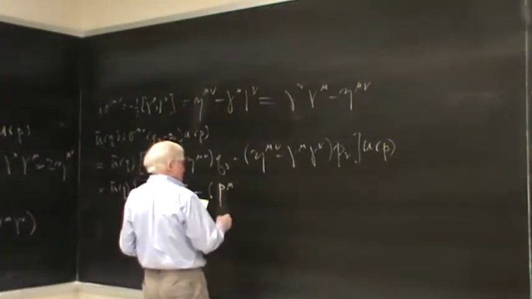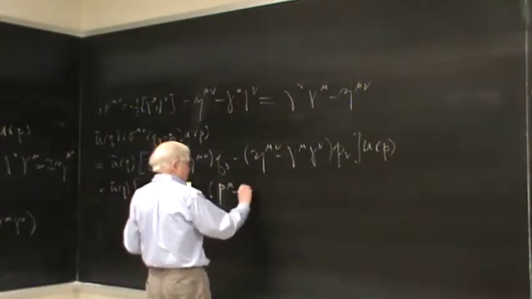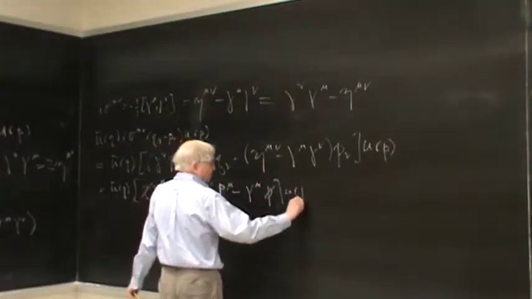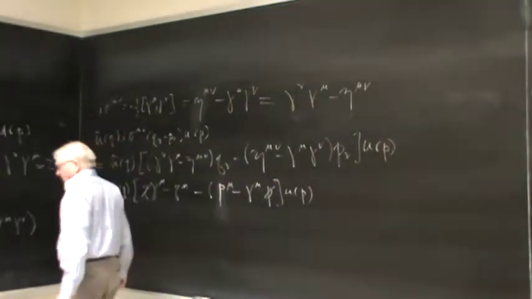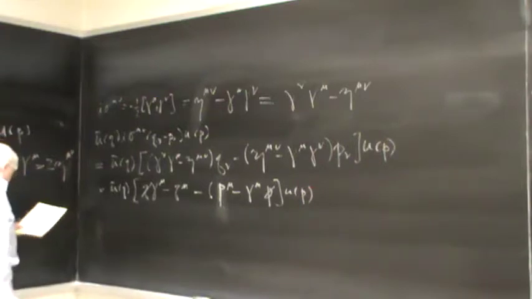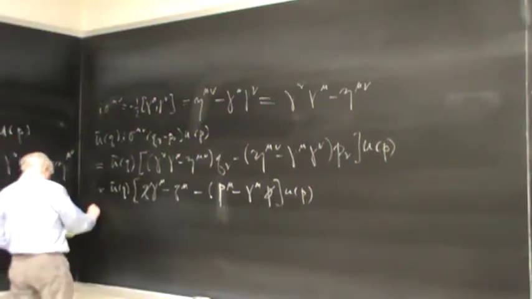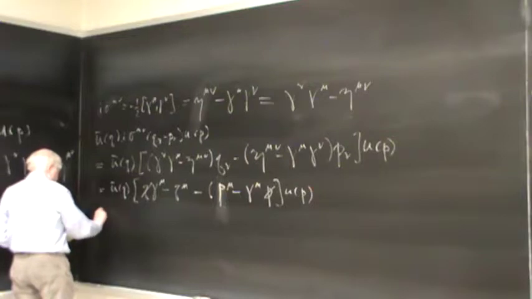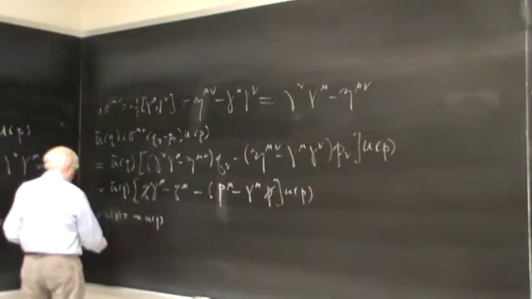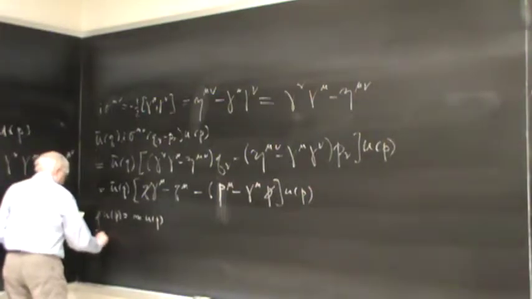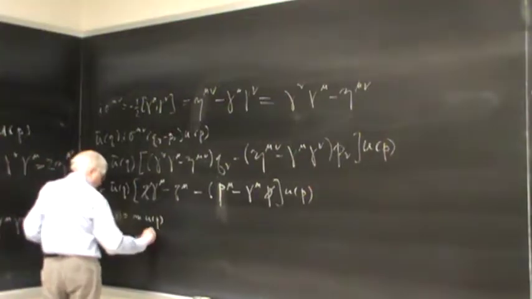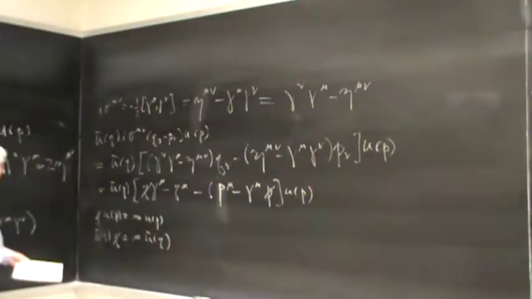Okay, so that's u-bar(q)[p-slash... γ^μ ... p-slash]u(p). Now, the Dirac equation in momentum space, you remember, is p-slash u(p) = m u(p), and ū(q) q-slash = m ū(q).